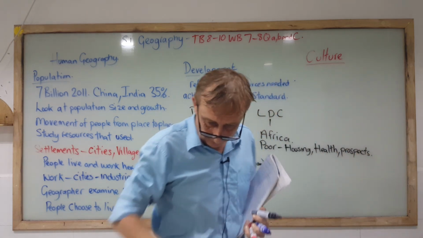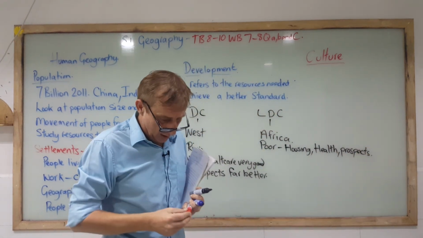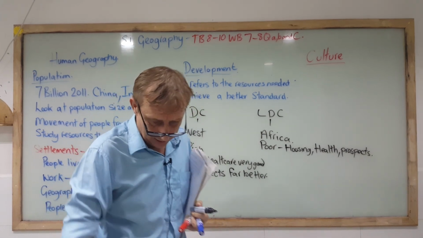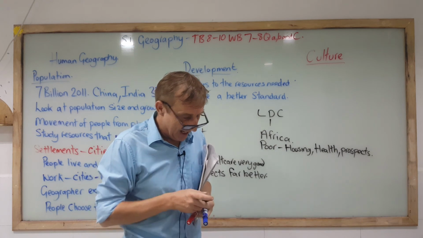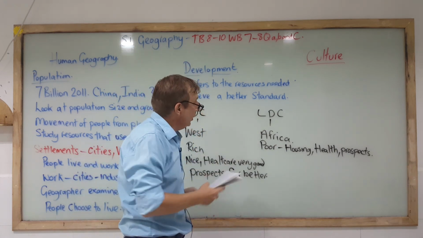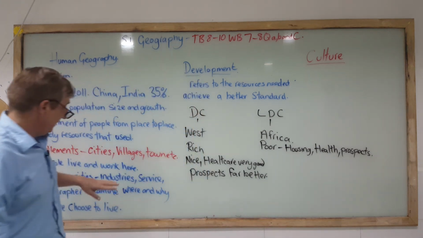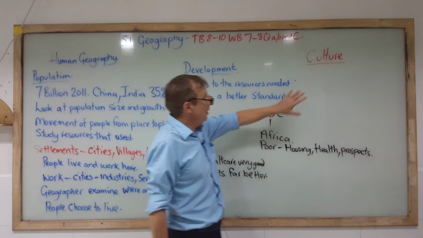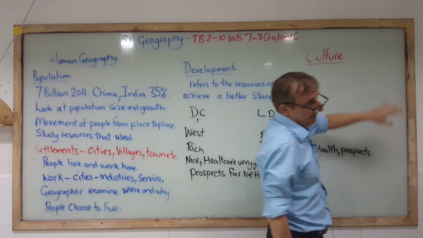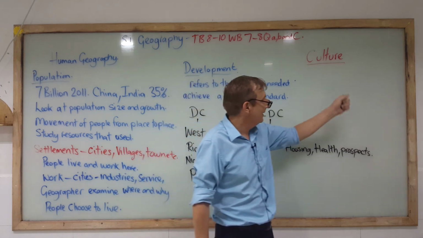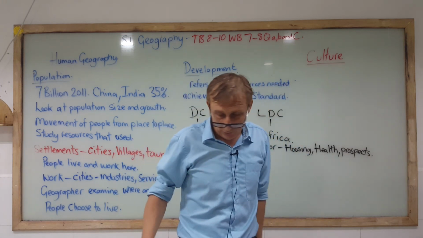But I'm not going to write that on the board, because it would appear that I give you too many answers. Because I'm too kind. So I want you, similar to what I've done with settlements and development, to write a few notes from the book, summarize what's written, take out the key points, the key facts, and add it to your notebooks for culture.